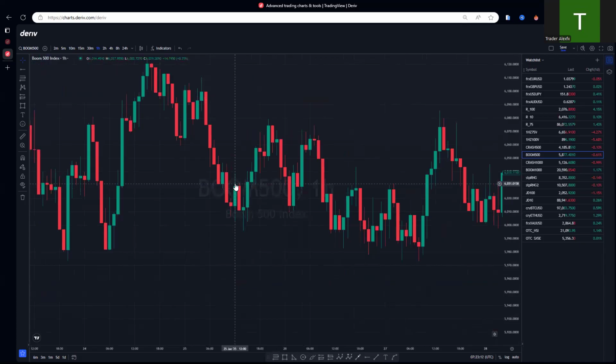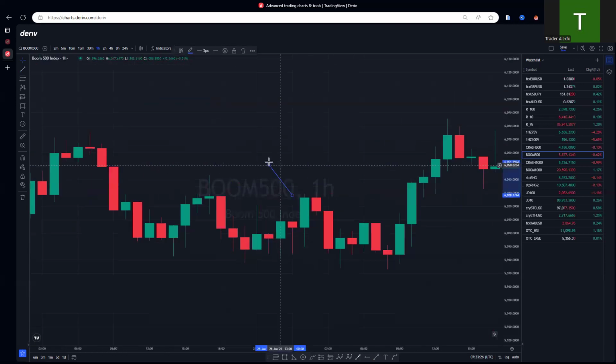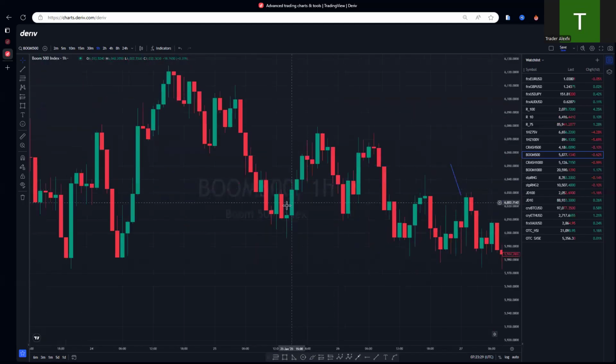Now, for instance, this is a CRT, more or less like, if you're a lover of price action or candlestick patterns, morning star and evening star. Now you see we have the high of the candle here.